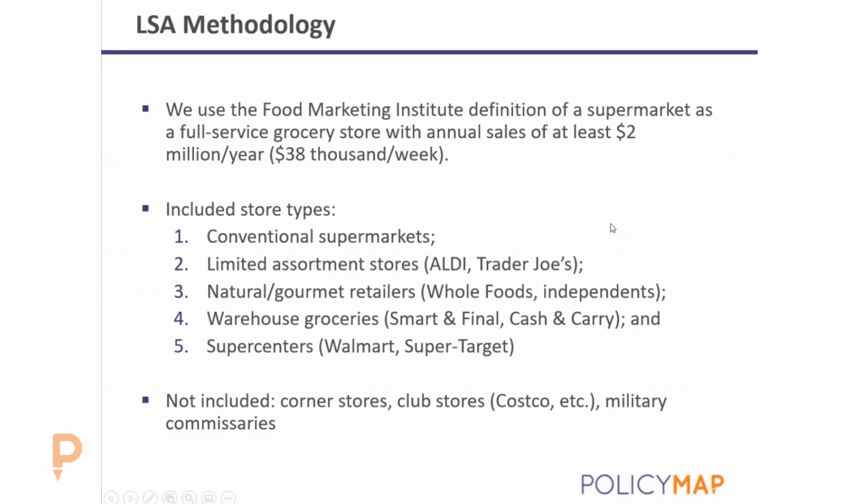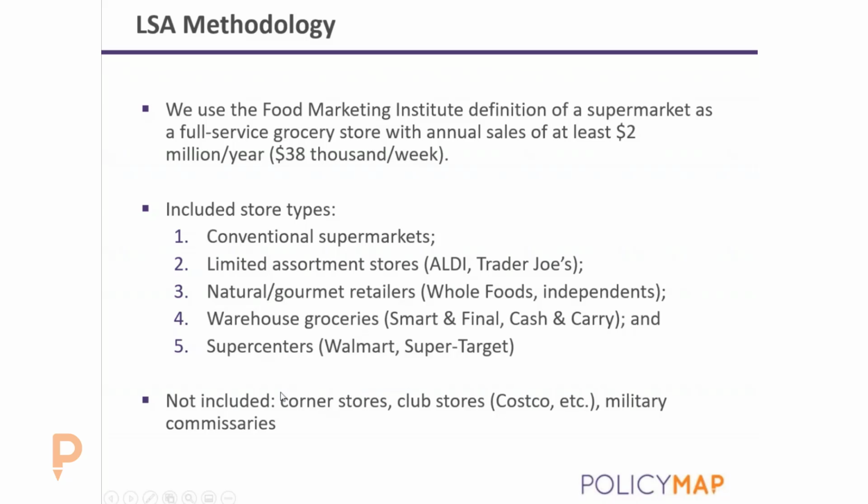The big distinction was types of grocery stores, and that was the big difference between our study and the USDA study, was that we wanted to look at grocery stores by type, and those types really could help distinguish between what type of services they actually might have. So conventional supermarkets are things we're familiar with. The limited assortment are still places that would have fresh foods, and then you have these specialized ones.